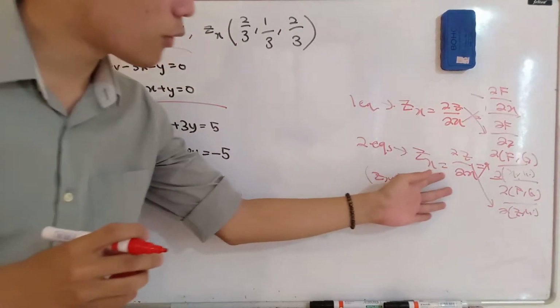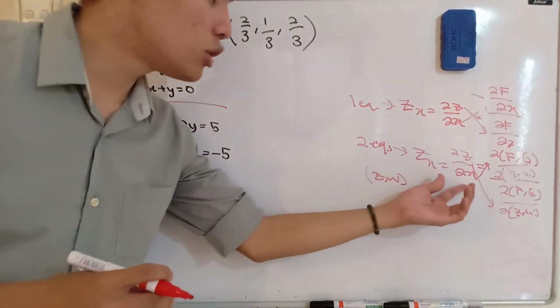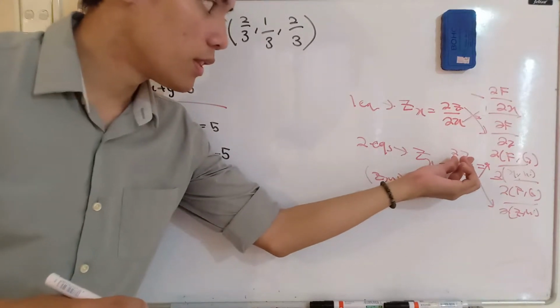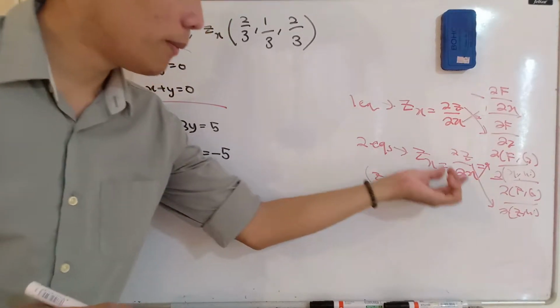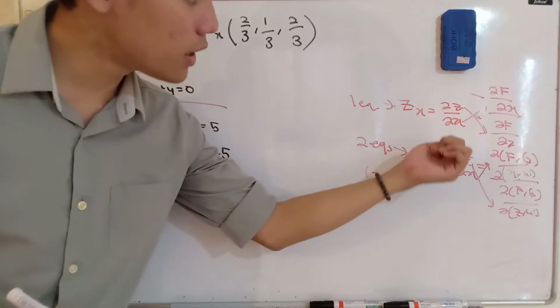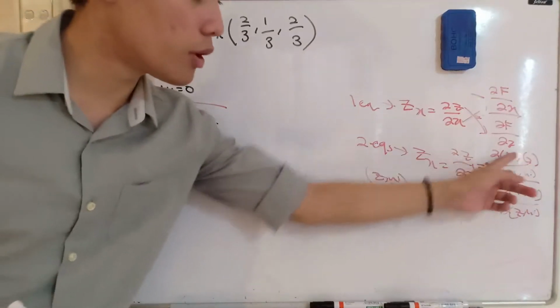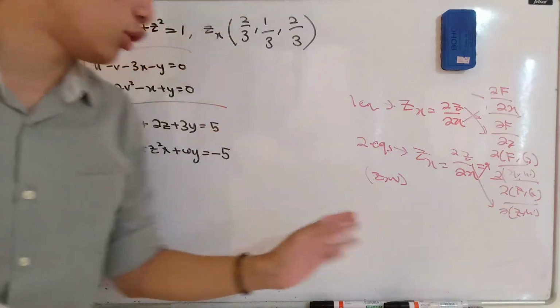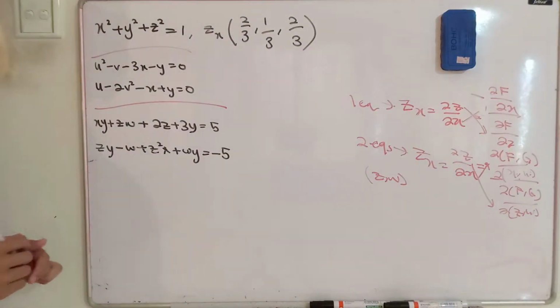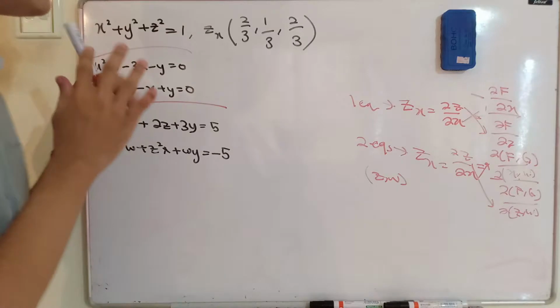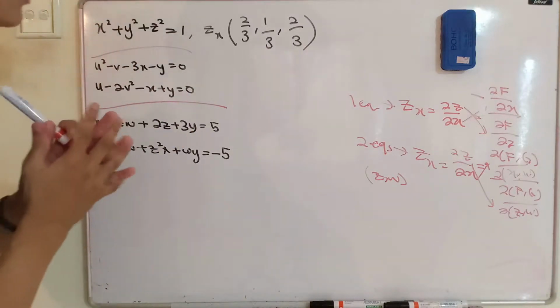So for the two equations, I have to change the z to x, but first I need to change z to x for the numerator. For the denominator over here, I don't need to change. Okay, so maybe if I do the question, you are going to understand it.